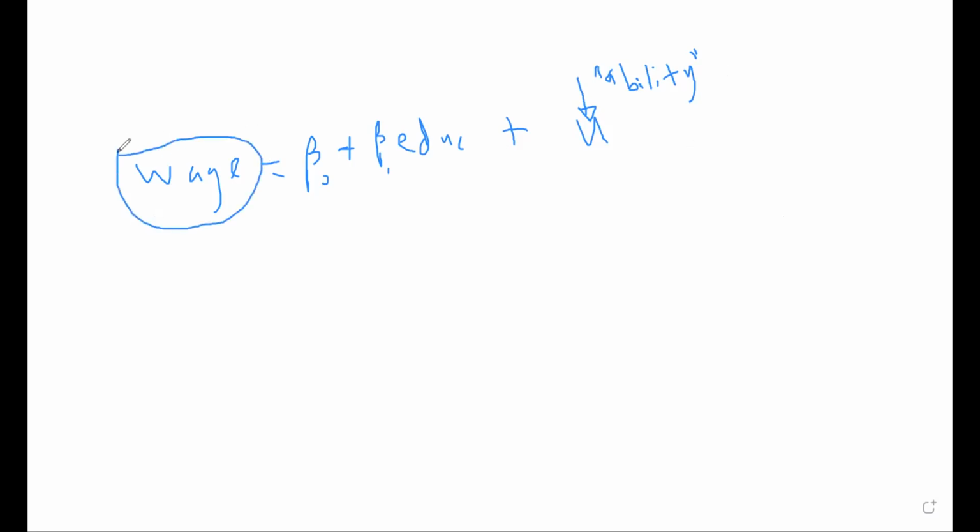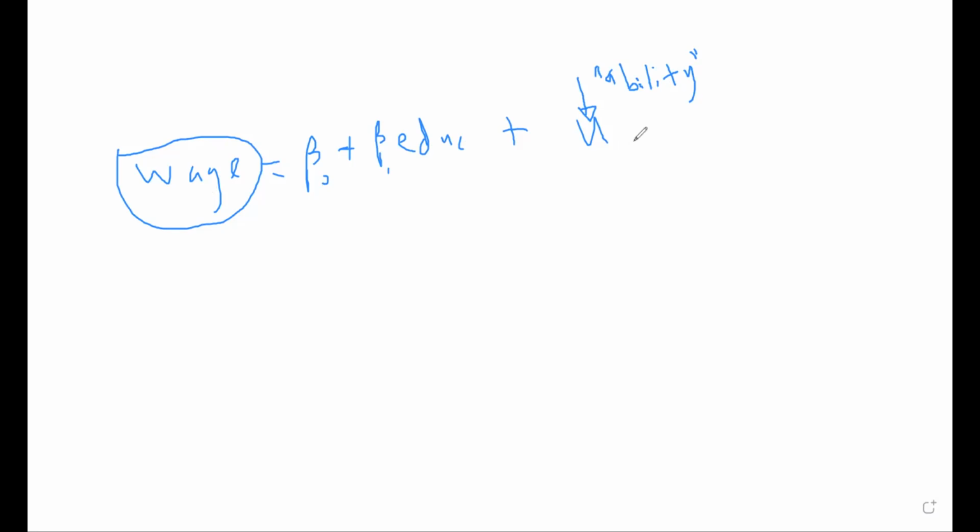The evidence shows, and it's not difficult to believe, that people with higher ability will have higher wages. It turns out also that ability affects education, because people with higher ability are able to get more education.